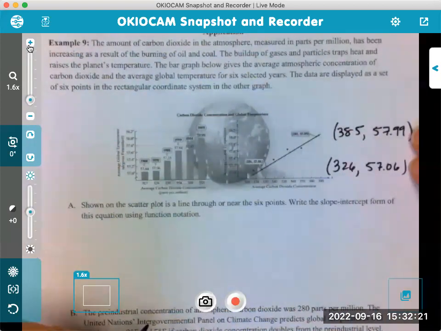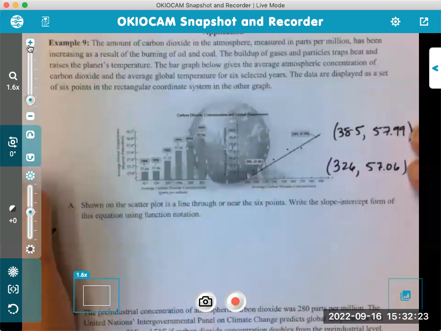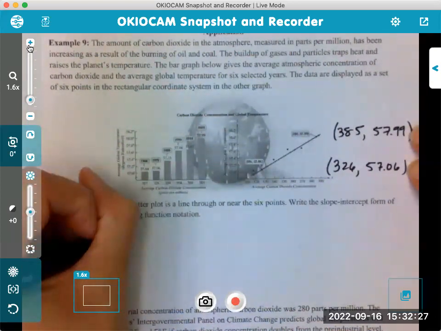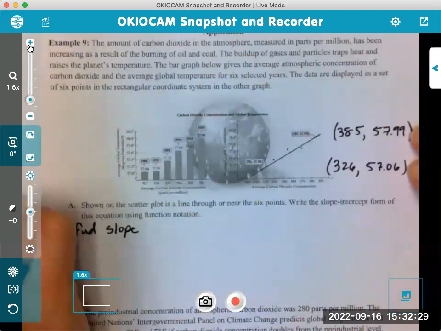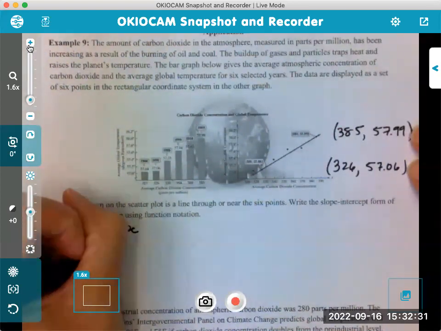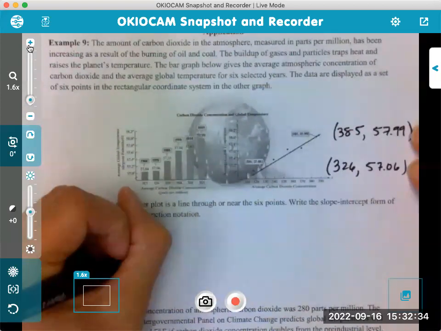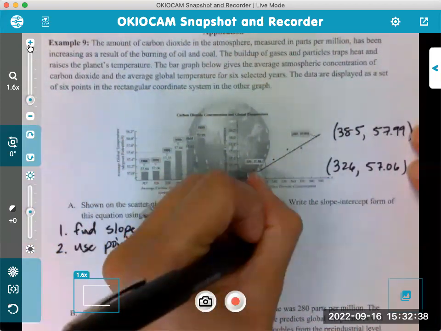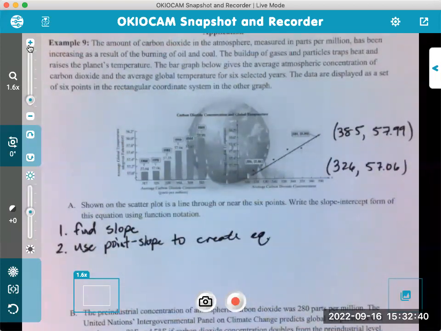So we're going to use these 2 points, and our procedure is 1, find the slope, and then 2, use point-slope to create the equation. All right, so that's kind of the game plan there.